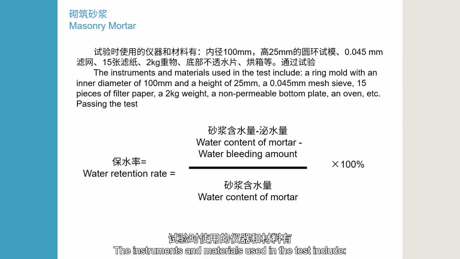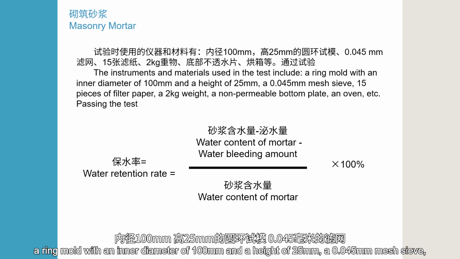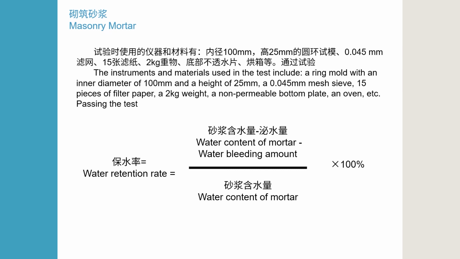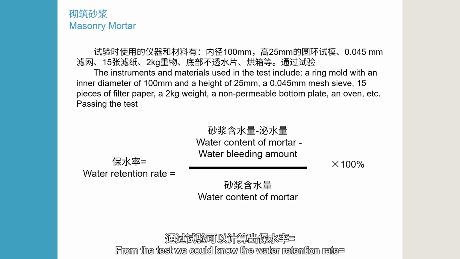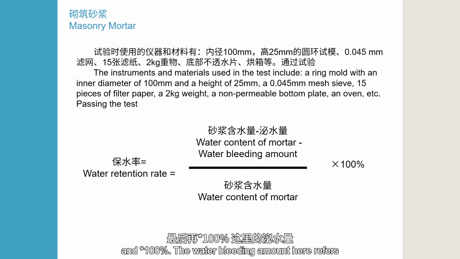The instruments and materials used in the test include a ring mold with an inner diameter of 100 millimeters and a height of 25 millimeters, a 0.045 millimeter mesh sieve, 15 pieces of filter paper, a 2 kilogram weight, a non-permeable bottom plate, an oven, etc. From the test, we could know the water retention rate equals water content of mortar minus water bleeding amount, then divided by water content of mortar and times 100%.